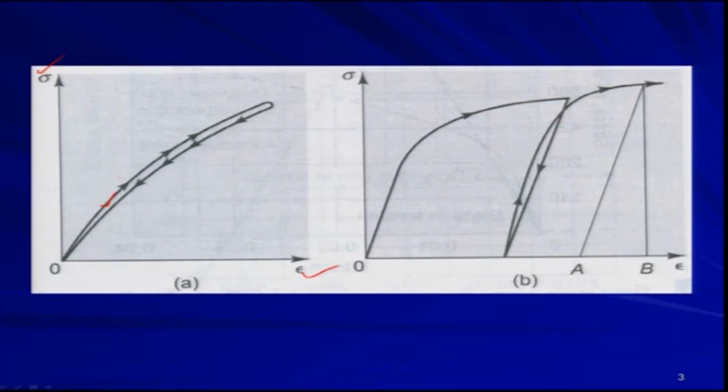This is not a linear behavior of the material. This line is showing the loading. And if the material is elastic, after reaching this point, you are unloading the material. If you unload it, it will come back to its original position. This kind of behavior is known as elastic behavior, as I was talking about.